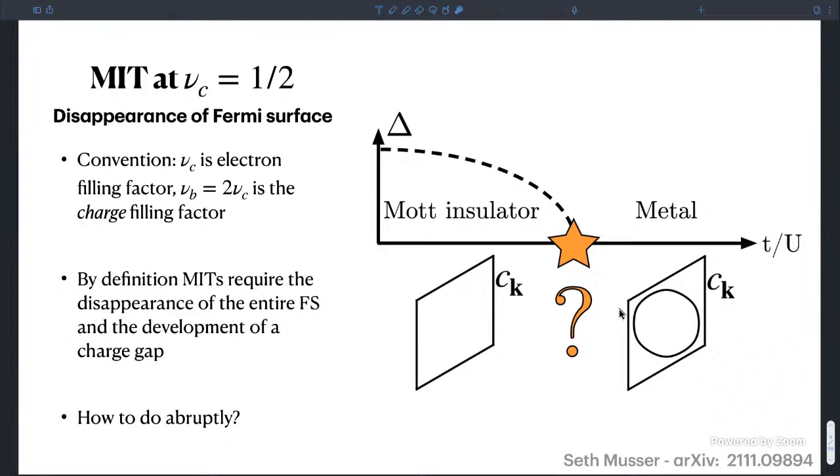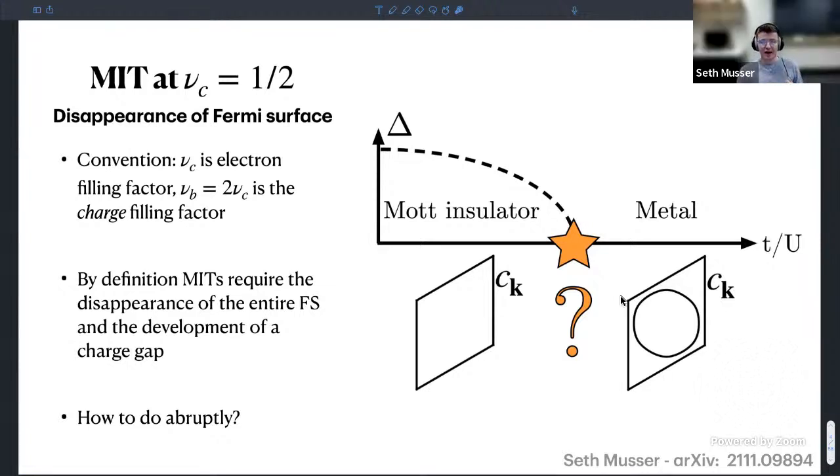With this metal-insulator transition at half filling, what needs to happen? You need a disappearance of the entire Fermi surface. On the metallic side, you have a ton of low-energy degrees of freedom, all of these electrons, and they all need to disappear as you go into the Mott insulator. At that critical point, you develop a charge gap, which will have some scaling, some critical exponent at this quantum critical point.